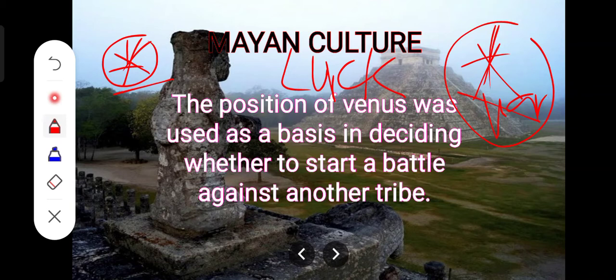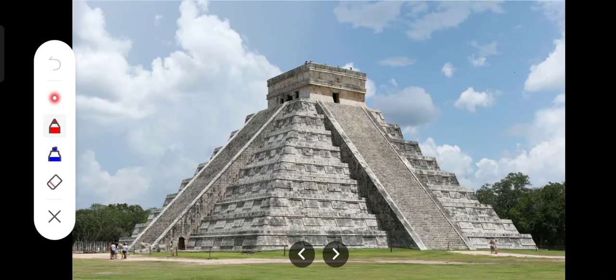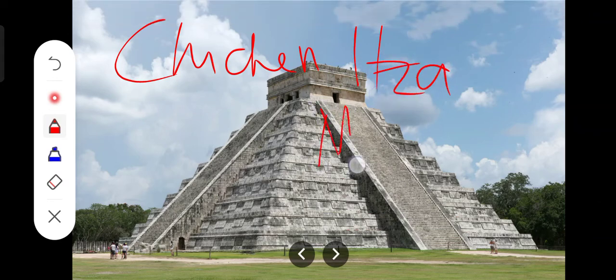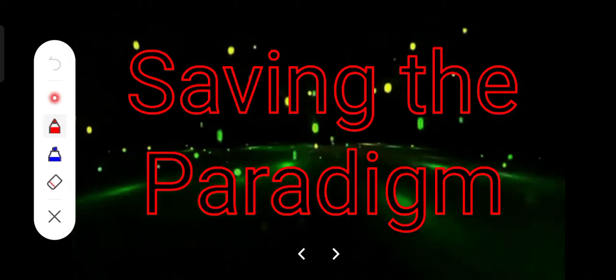That's why the Mayan culture also built a platform to observe the position of Venus only. It is only intended, dedicated to the planet Venus. So this one is the platform. And this one is located in Chichen Itza in Mexico. Okay? So, it is a platform dedicated to observe Venus only.